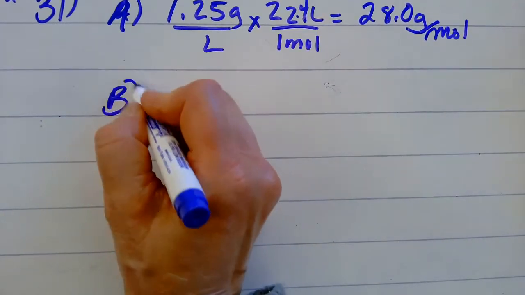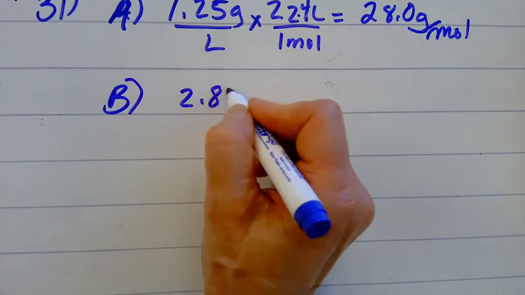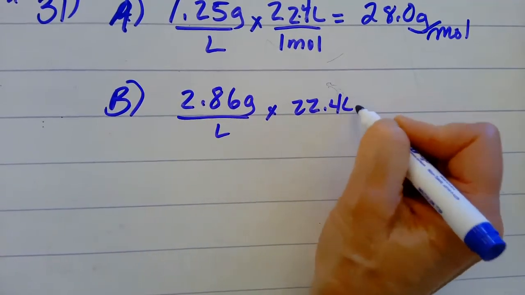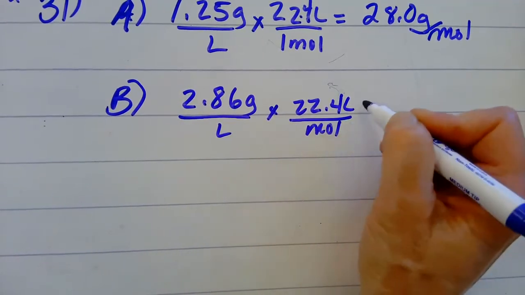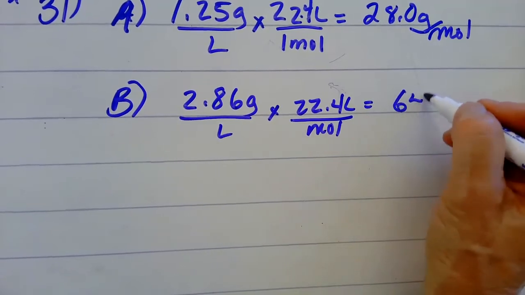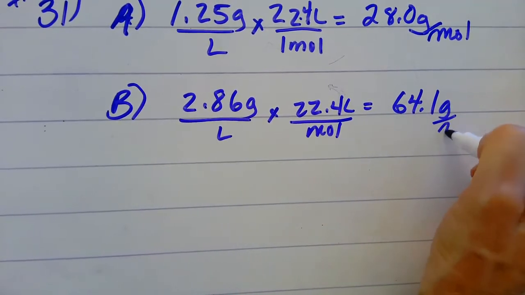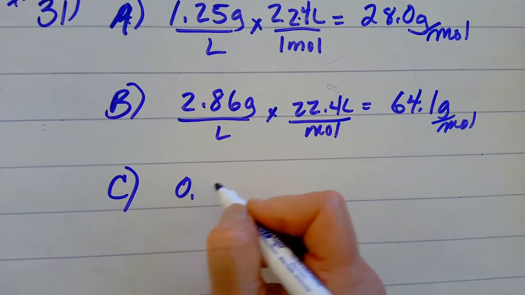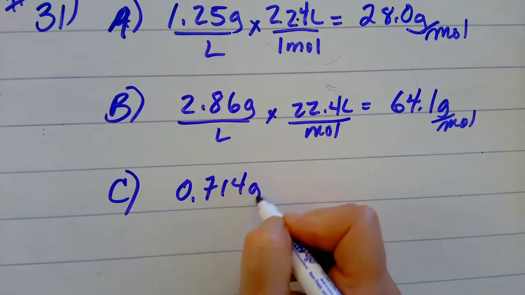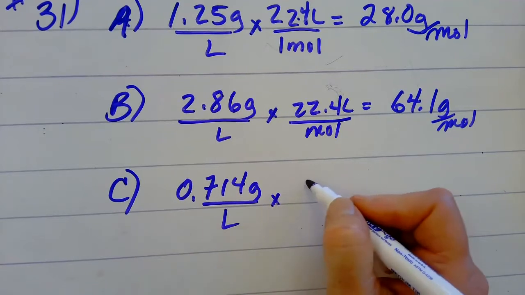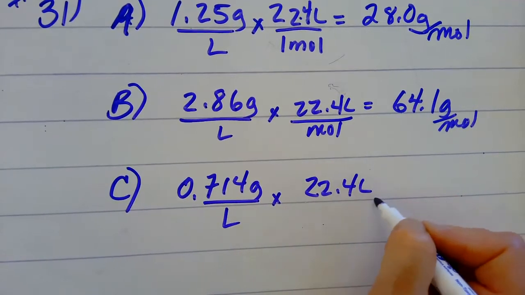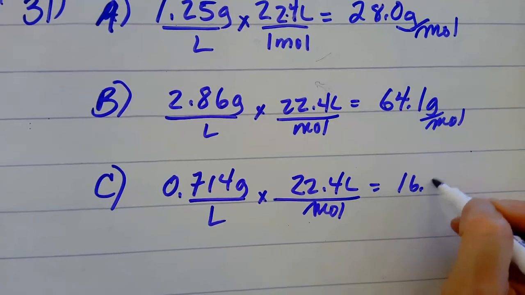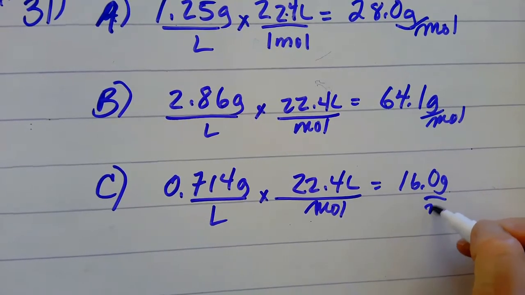For B, same thing: 2.86 grams per liter times the 22.4 liters per mole at STP gives us a value of 64.1 grams per mole. And for substance C, we have 0.714 grams per liter. Take that times 22.4 liters per 1 mole, and we get a value of 16.0 grams per mole.